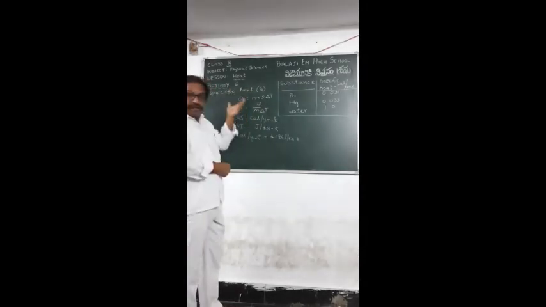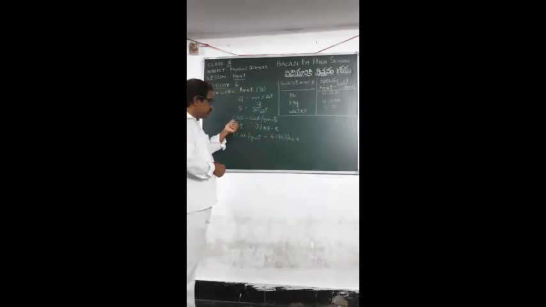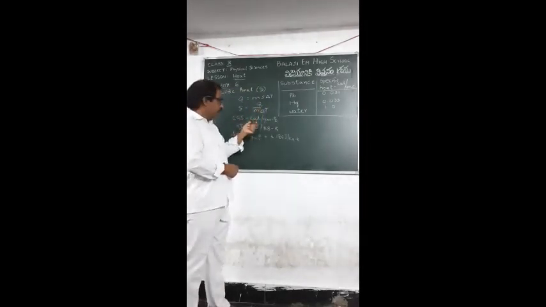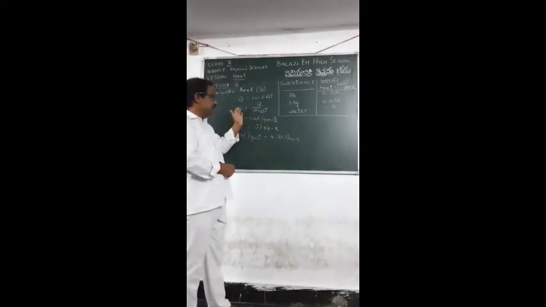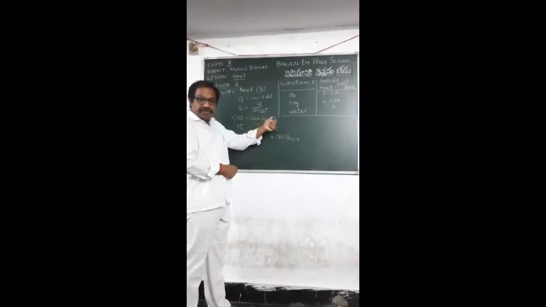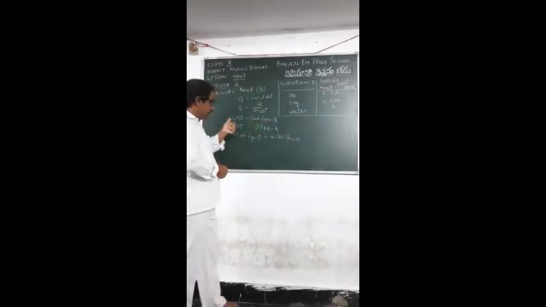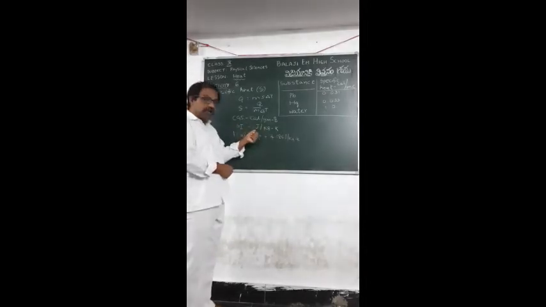Every quantity has units. In the CGS system of units, Q is in calories, mass in grams, and temperature in degrees centigrade. So in CGS the unit of specific heat is calories per gram degree centigrade. In the SI system of units, it is joules per kg Kelvin.